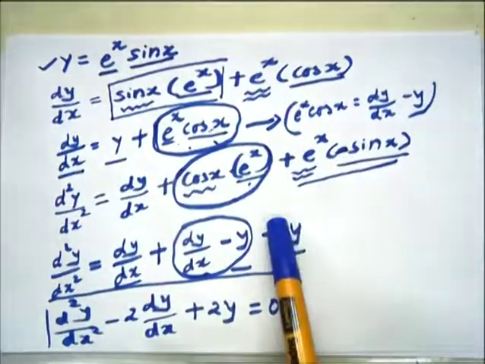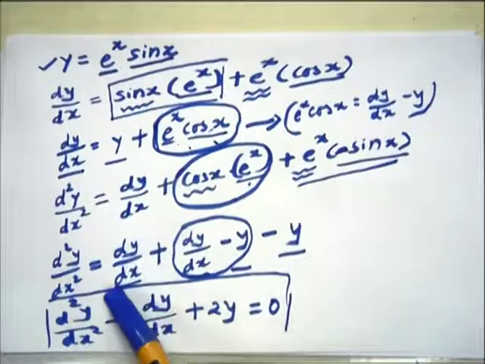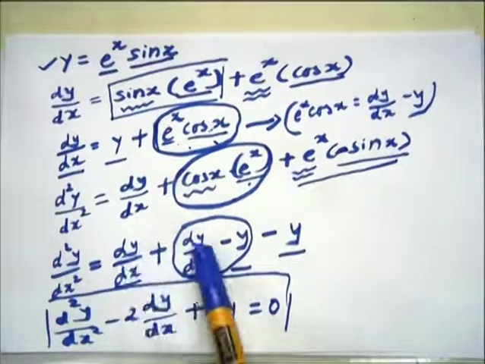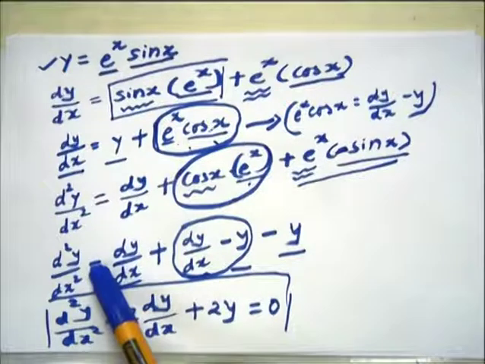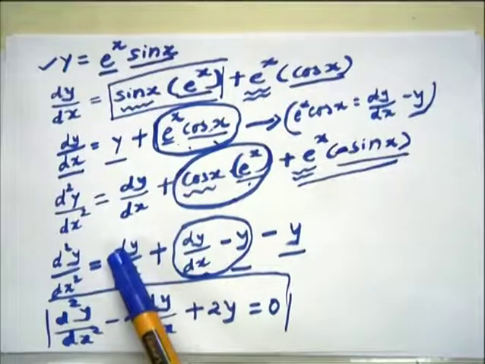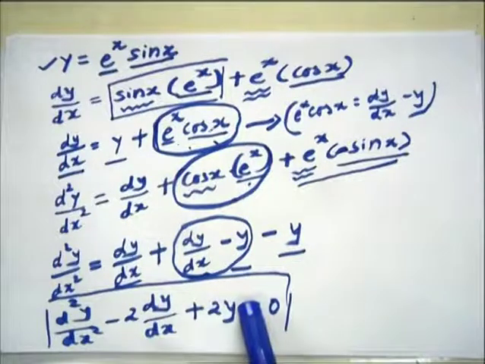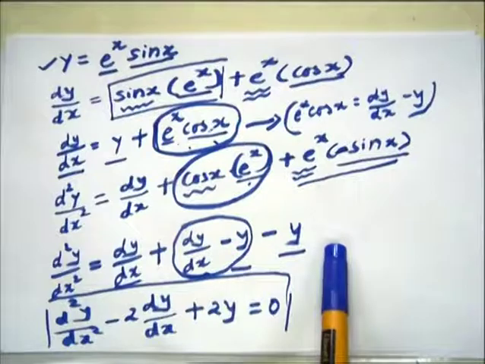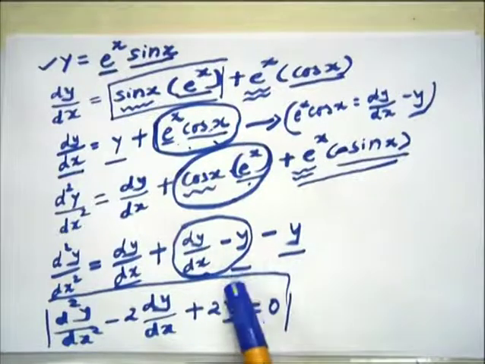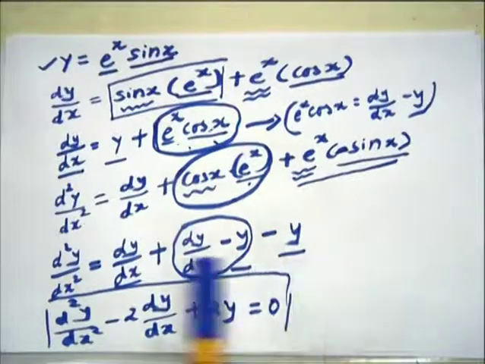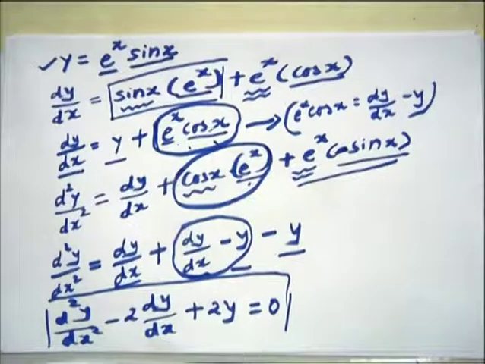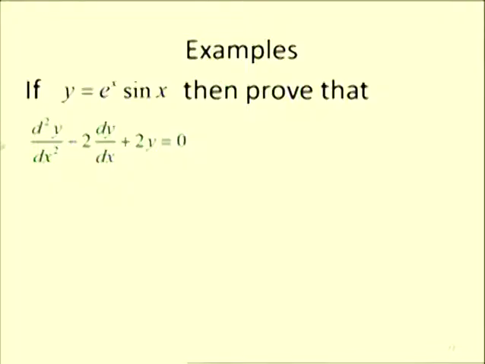Now dy by dx plus dy by dx is 2 times dy by dx, but if we take it on the opposite side it becomes minus 2 dy by dx, plus it is minus y, that is minus 2y, so it is plus 2y is equal to 0. That is exactly what we want to show, as we can see on the slide. This is the result we exactly want to prove.